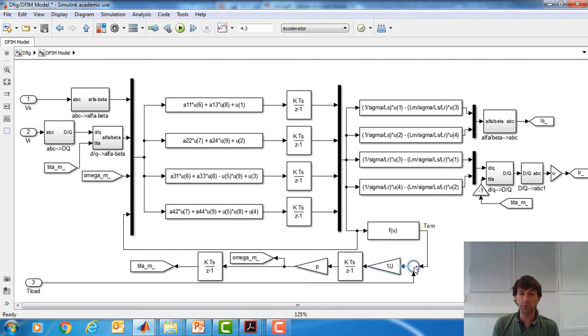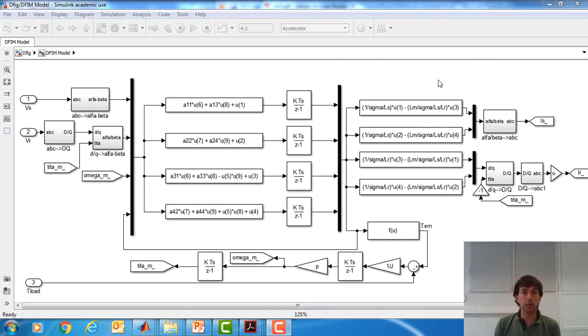Let's do some more space. Okay, so I think that the model is already created.